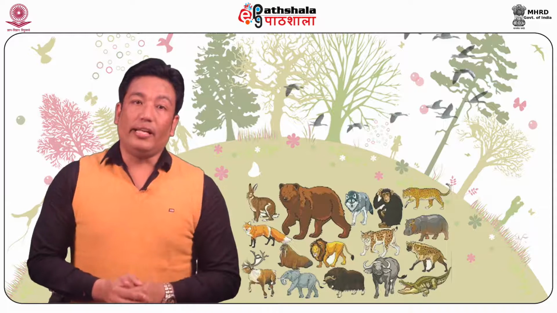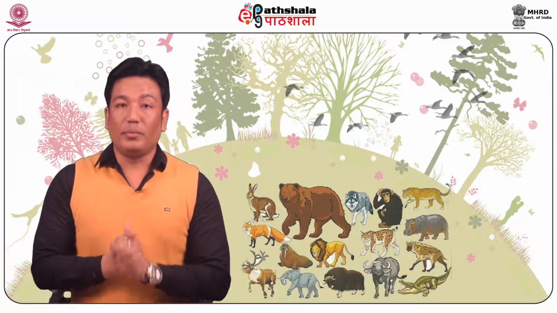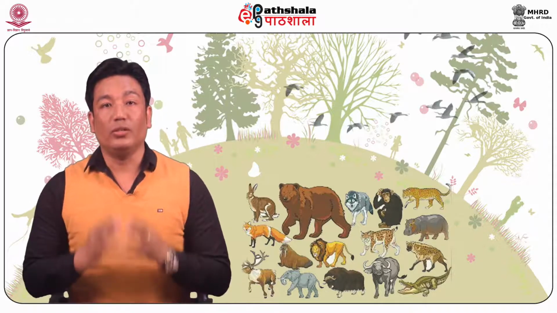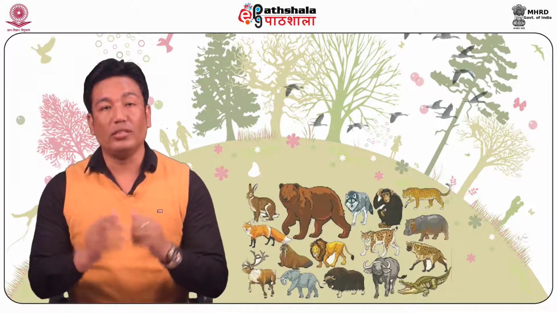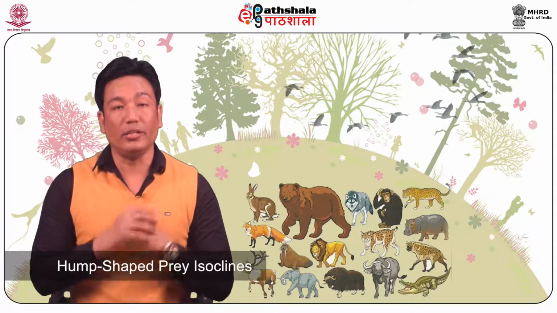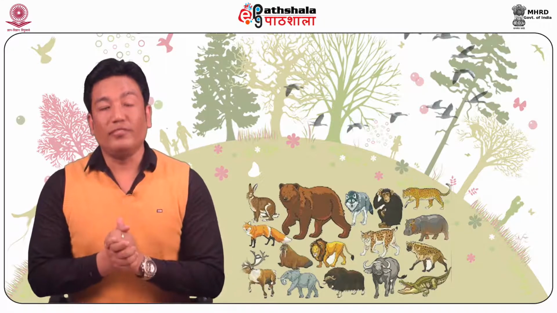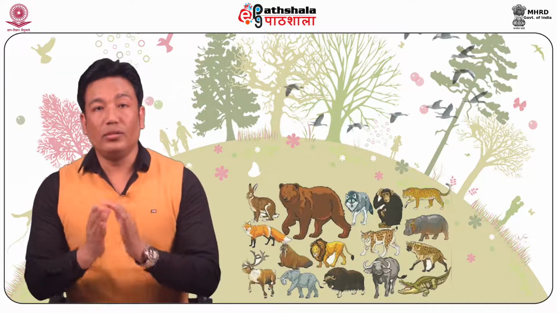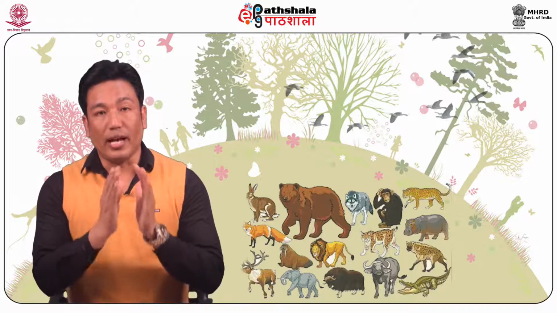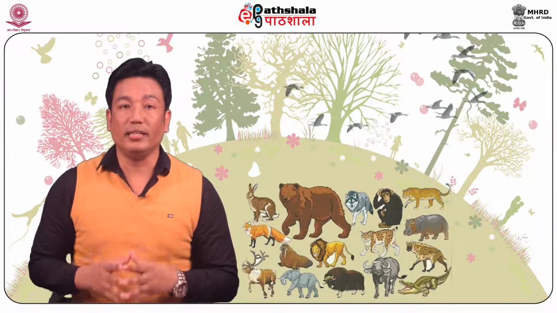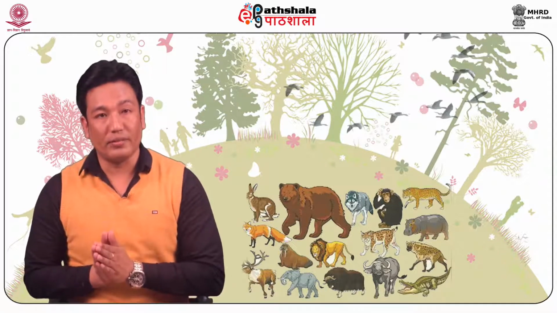Lotka-Volterra assumed the prey isoclines as a horizontal line, but Rosenzweig and MacArthur suggested more realistic hump-shaped prey isoclines. We can see in figure number 4, the hump in the isoclines is caused by the limitation in the increase in prey population.